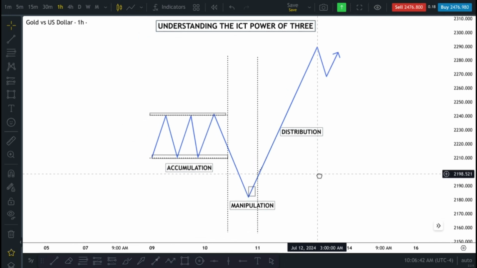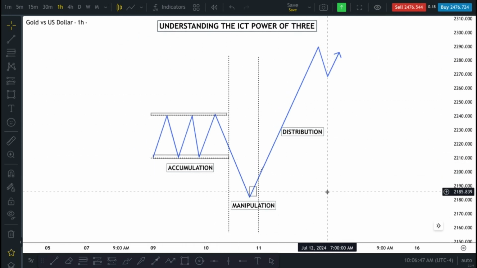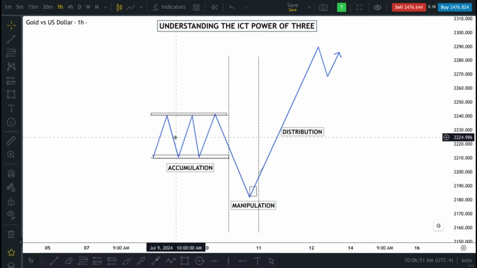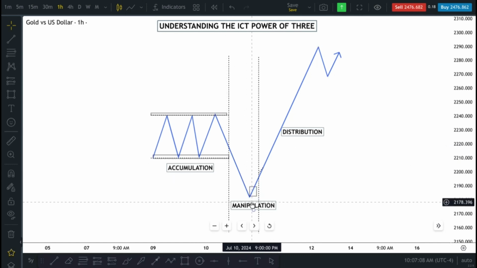So to effectively trade this strategy, you need to be able to identify the accumulation phase, where you look for periods of low volatility and sideways movements in the market, and then you mark your resistance and your support levels. Then you recognize the manipulation.